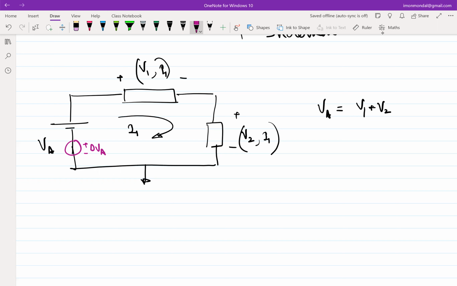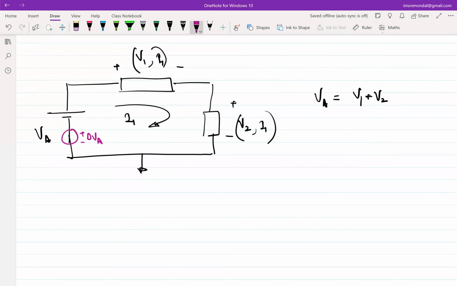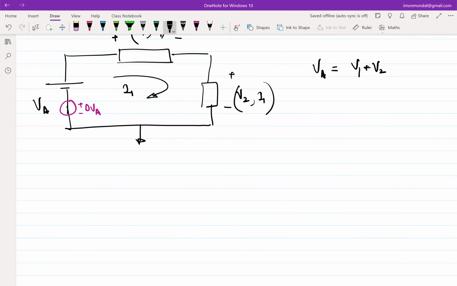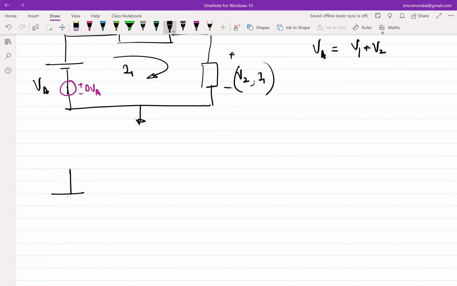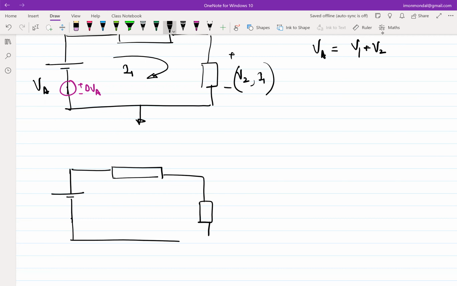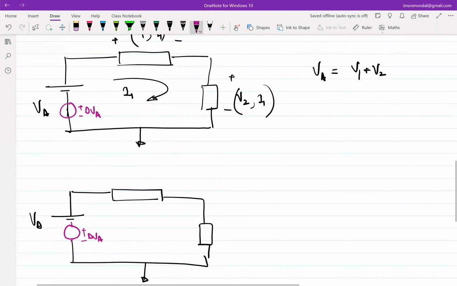Let me draw a different network, so that will help make the point. If I apply delta VA, the current through this will change.